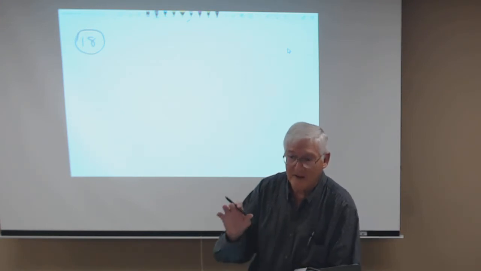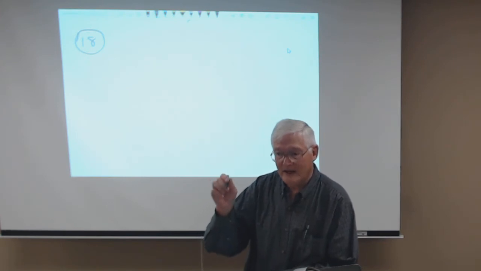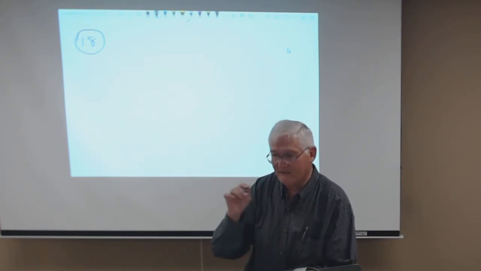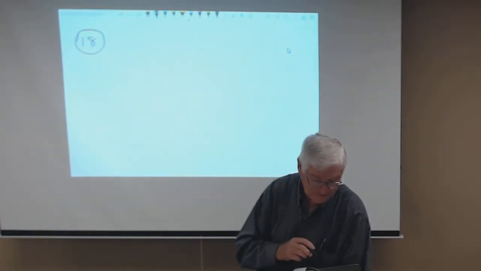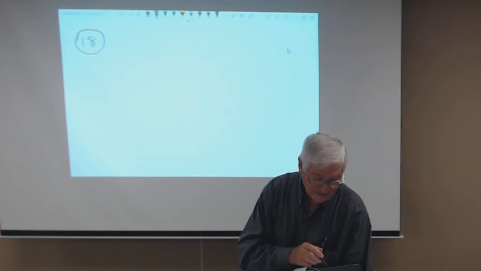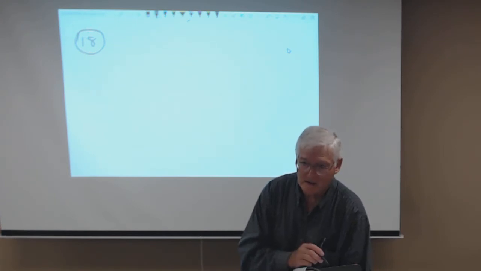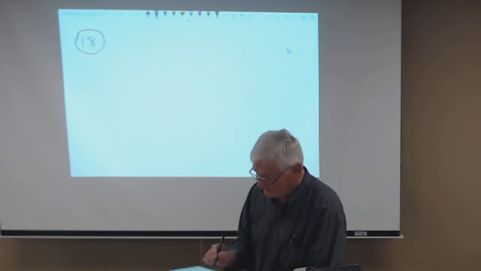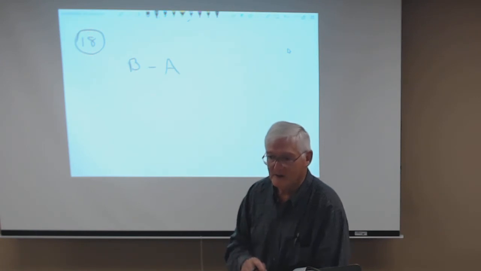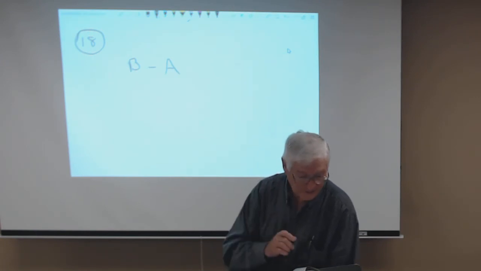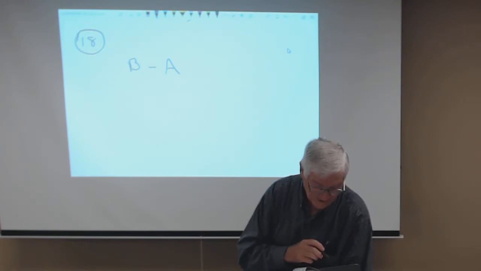Now see, there could be a number of ways you could say it, but the test is going to show 4 or 5 choices, and you have to pick one which represents that shaded region. So the first thing you say, it looks like it's B, but it's not all of B. It's B with what taken away? With the stuff in A. So what would that be? B minus A. You see how straightforward that can be? The shaded region is the set B minus the stuff in A.